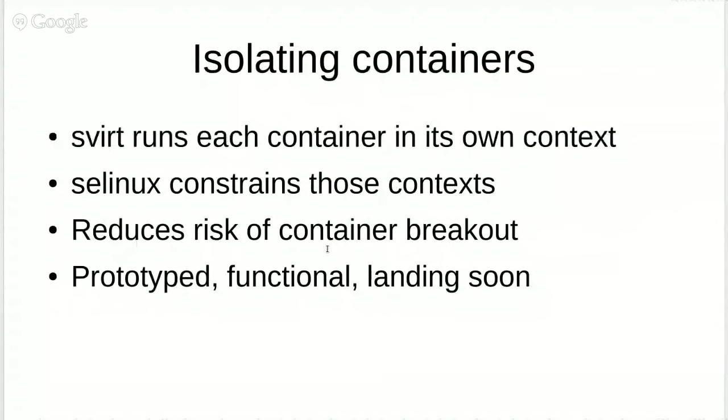This makes it much more difficult for a container breakout to be escalated into an entire system compromise. And we have this broadly functional, it's not quite ready to land, but this is code that is working, mostly validated, and will be heading for Rocket mainline in the near future.